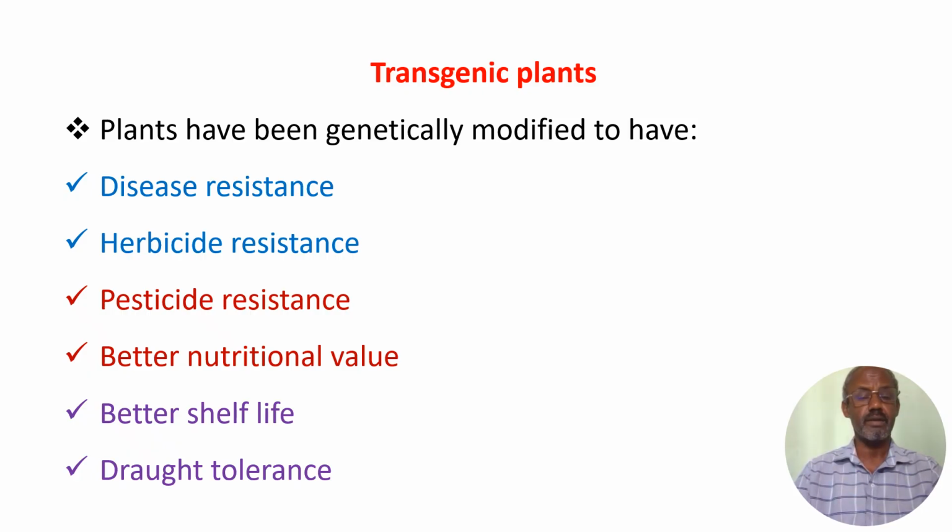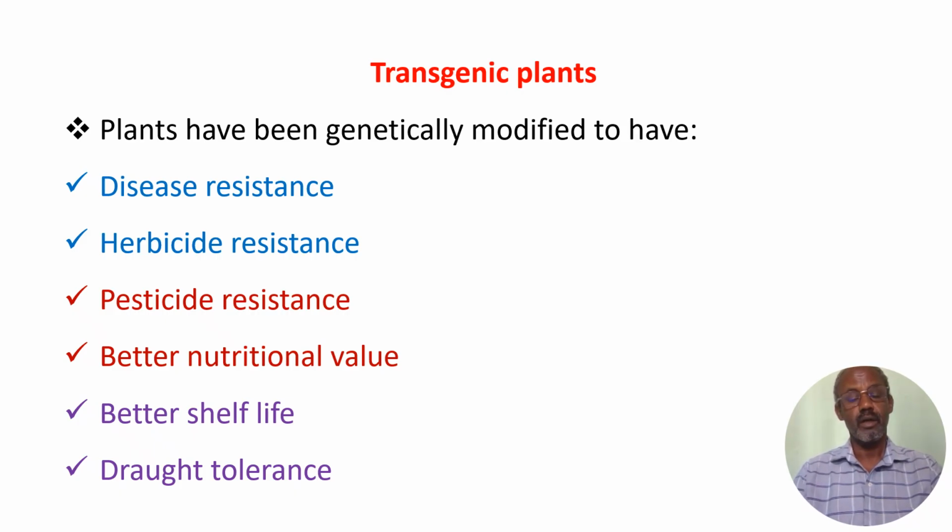And many other traits have been given to plants through genetic engineering or genetic modification by inserting genes from other organisms. Transgenics refers to the transfer of a gene from one species into another.